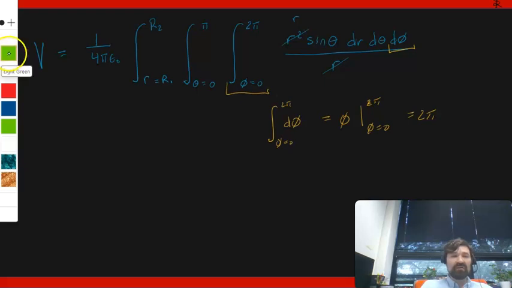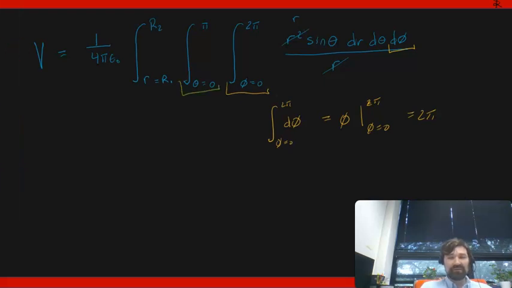Okay, next one out is basically this part of the integral, and this part of the integral has a sine theta and a d theta in it. So I can pull the 2 pi out front, and I can rewrite my integral now to say 2 pi divided by 4 pi epsilon naught, integral on r, so that's r1 to r2.